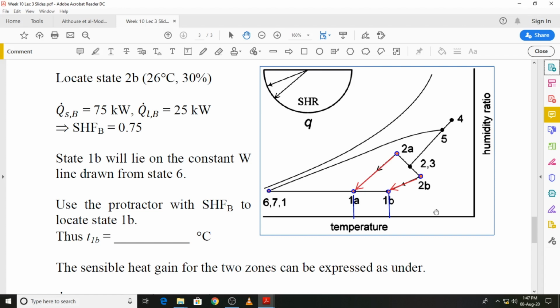We can then easily find out the mass flow rate because we know that the rate of energy transfer is equal to the mass flow rate times the specific heat times the temperature difference for sensible heating or sensible cooling, and we can use that basic relationship to find out the desired mass flow rates to the two zones. Let's proceed further with that.